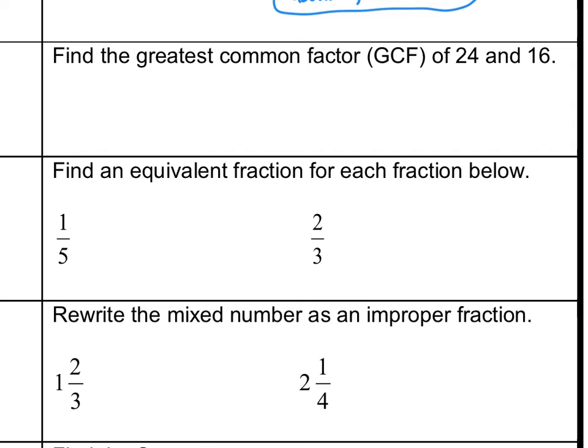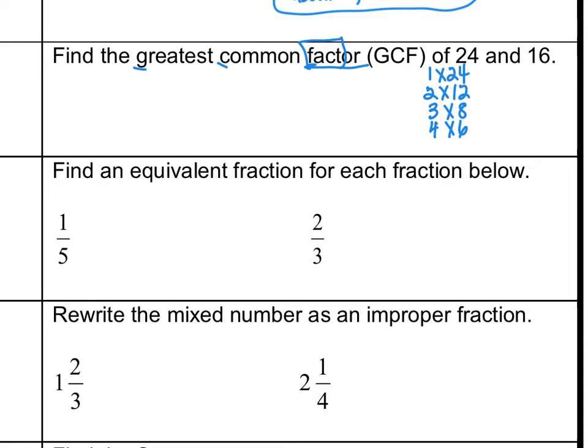All right, find the greatest common factor, GCF, of 24 and 16. So we think factor. We're going to be thinking of multiplication facts. Let's do 24, and we start with 1 times 24 is 24. 2 times 12. How about 3 times 8 and 4 times 6?